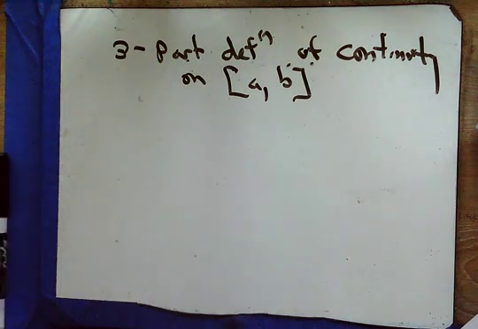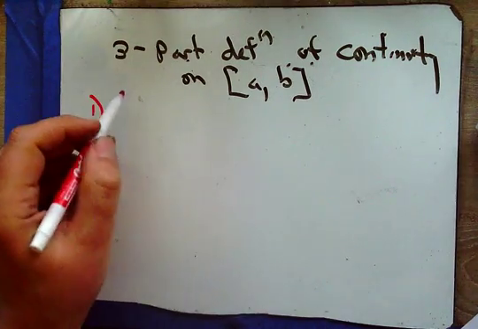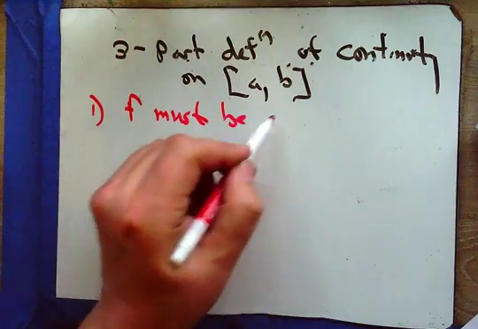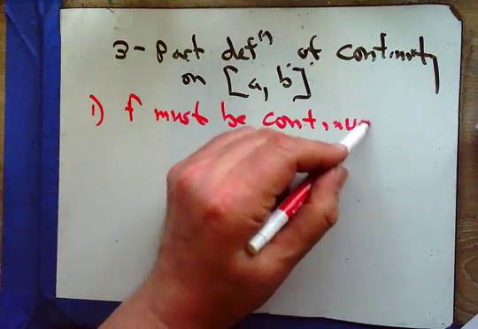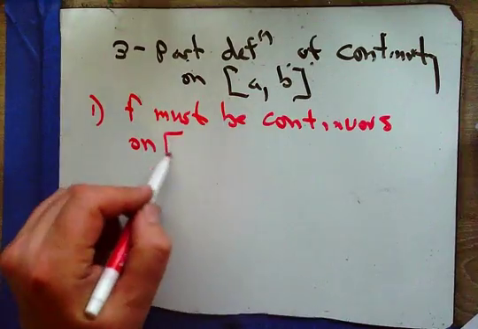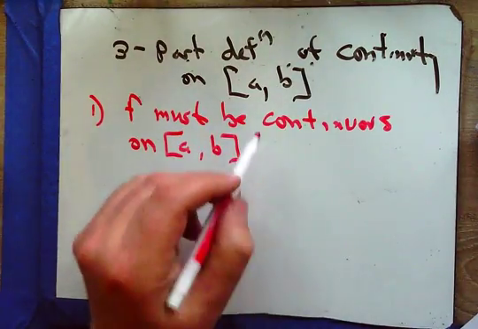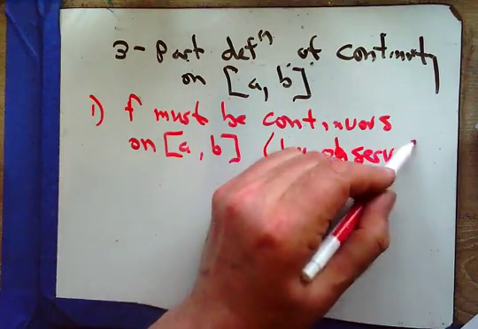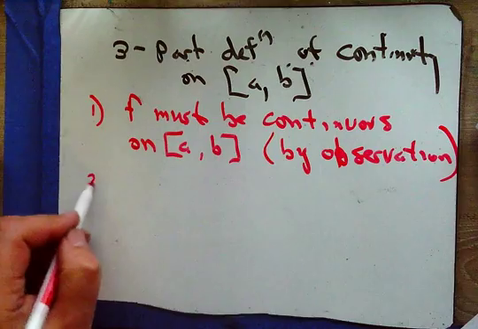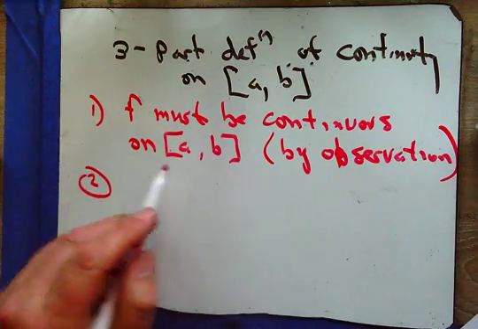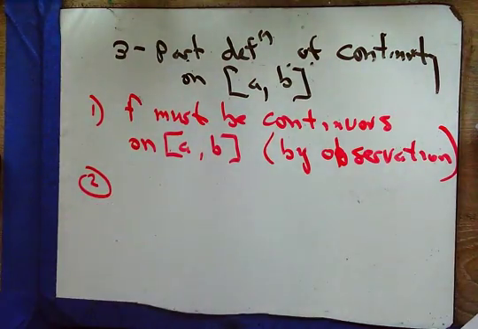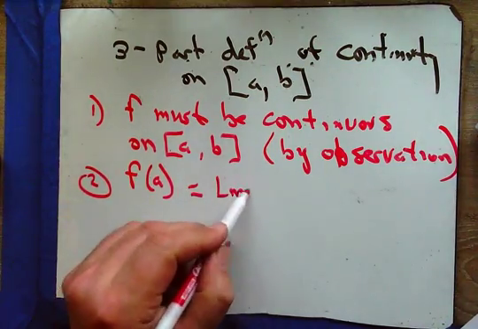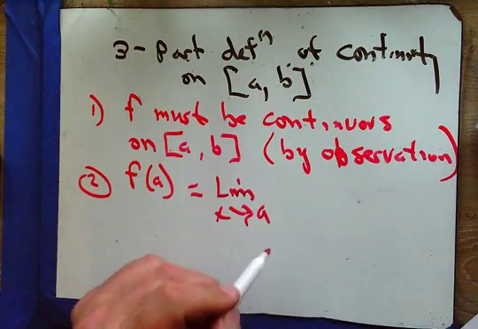All right, so welcome back. I like to think you had that f must be continuous on a to b, and we'll do that by observation. Okay, what else do we need to know? Well, this is a closed interval, and so we have to say something about the endpoints. So I'm going to say that f of a must equal the limit as x approaches a from which side?